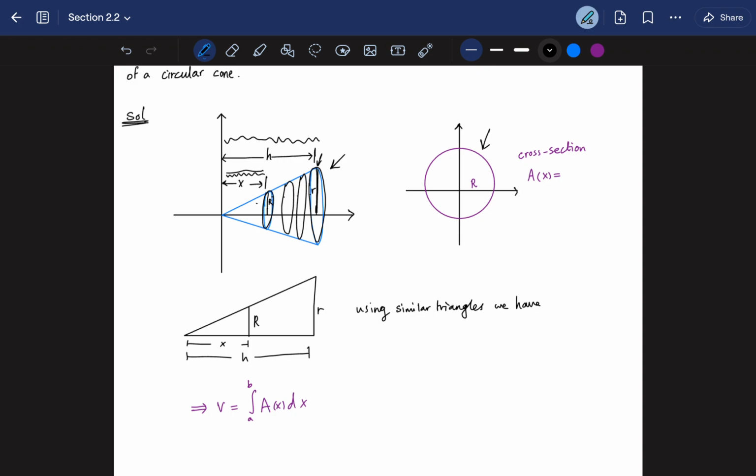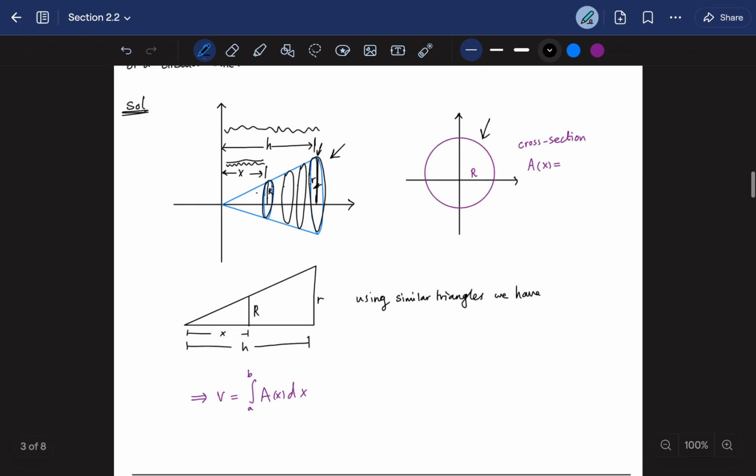So I want to create a formula that relates this r with the R that we already know the exact value of, which is just R small. So to relate them, we can notice that r capital and R are in a right angle triangle here. So this is R, this is r, this is distance x, this is distance h.